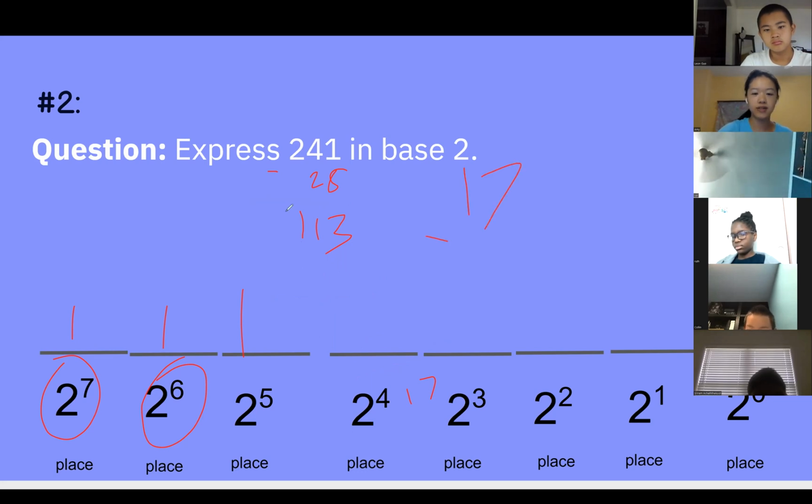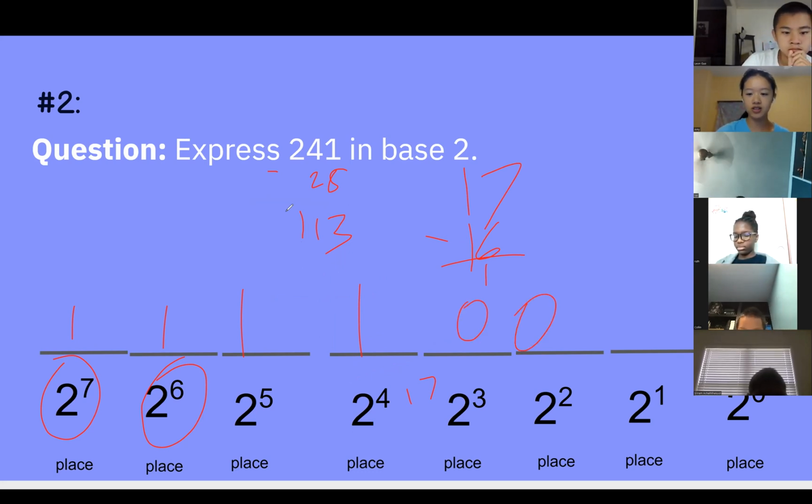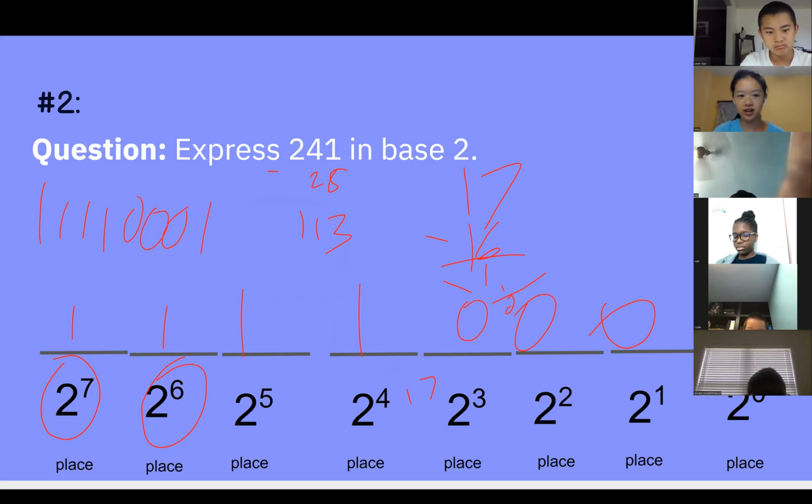And then the biggest power of 2 that fits into 17 is 2 to the 4th. So we would have another one there. We subtract 16, that gives us 1. So the biggest power of 2 that fits into 1 is 2 to the 0, which is just 1. So everything else now becomes zeros. So our answer would be 1, 1, 1, 1, 0, 0, 0, 1. So good job.